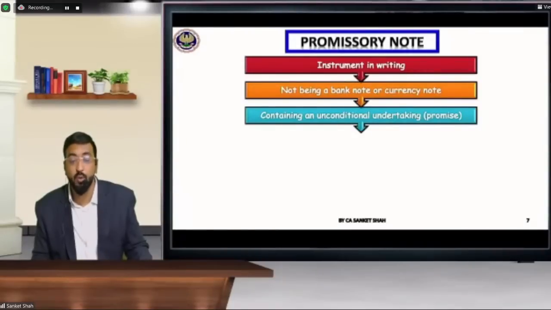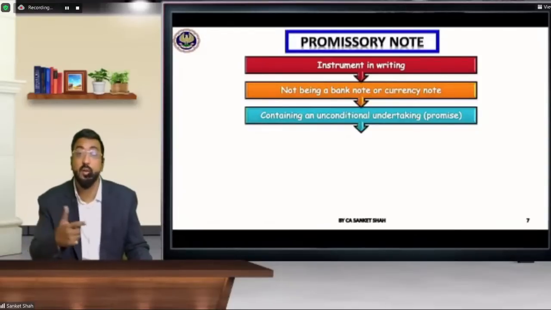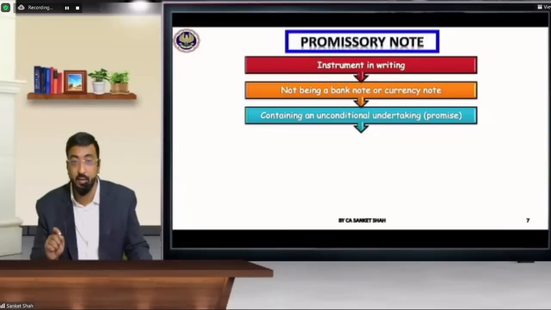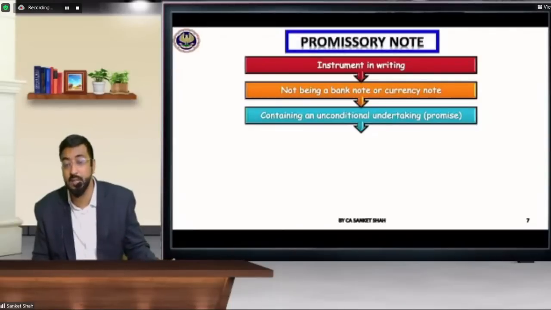And therefore, a currency note is not a promissory note. Though on a currency note it is written that it's a promise to pay, it is only to the person to whom it is received, and if it is not transferable in writing, beta, it is not a promissory note. So remember, a currency note is not a promissory note.